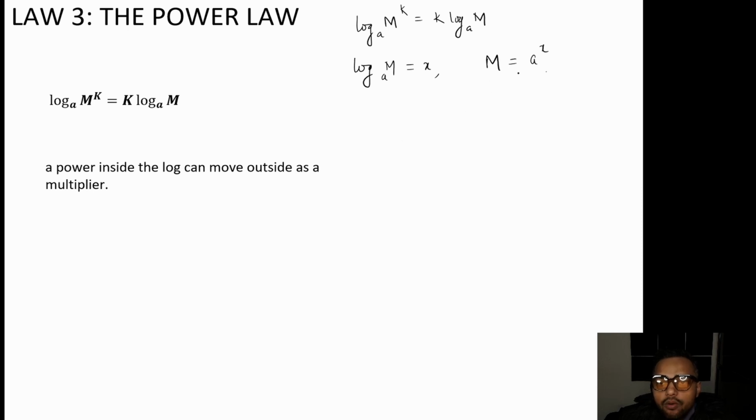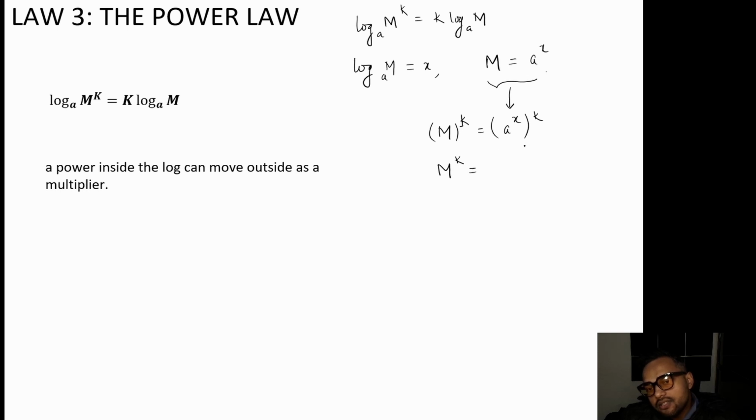Now if I take the power k on both sides, m raised to the power k equals a raised to the power x, raised to the power k. I have taken k as a power on both the sides.